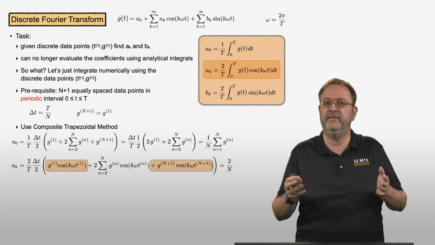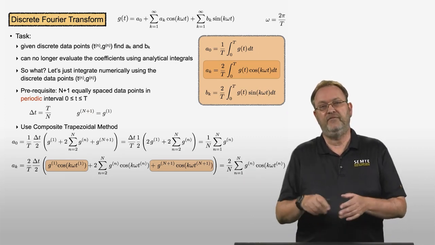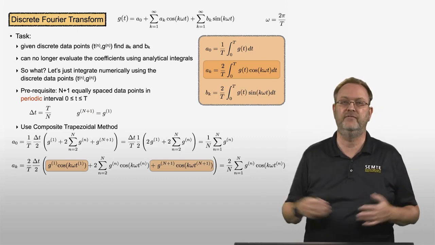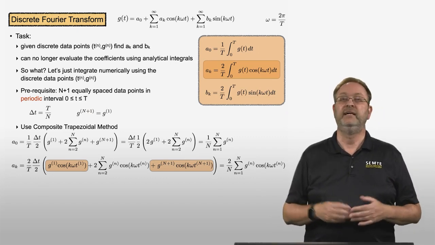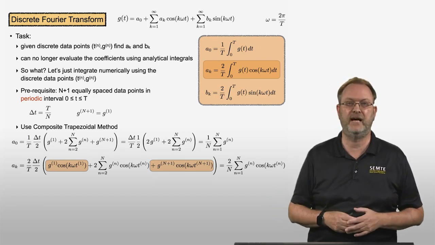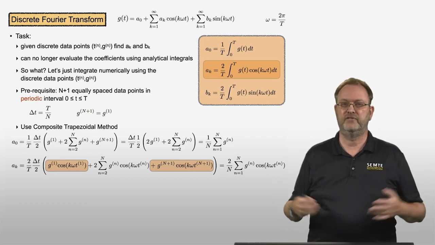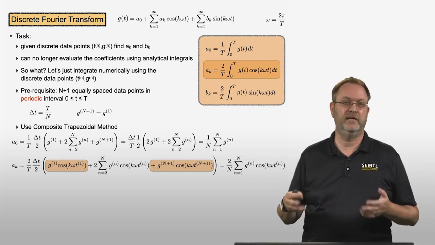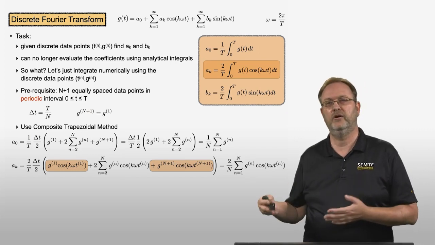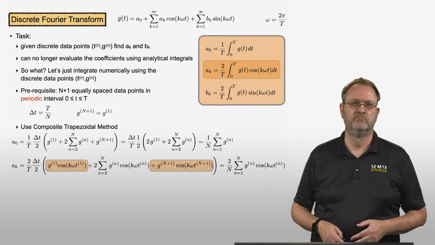So I can combine them to a single term, 2 times the first value. And then I have the other 2 times the sum values in there. So every one of these integrands appears twice. So that then can be combined into the sum from little n equal to 1 to uppercase N, the number of subintervals, of g, the data point value at the nth point, times the cosine k omega t, t being the time at the nth data point.